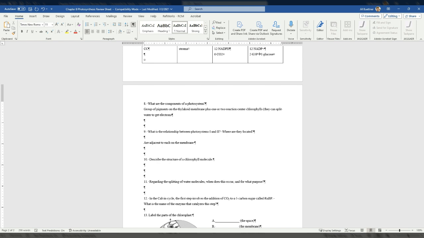They're adjacent to each other on the thylakoid membrane. Okay, I think that's good enough. But ultimately, the end product is those 18 ATPs and those 12 NADPHs.